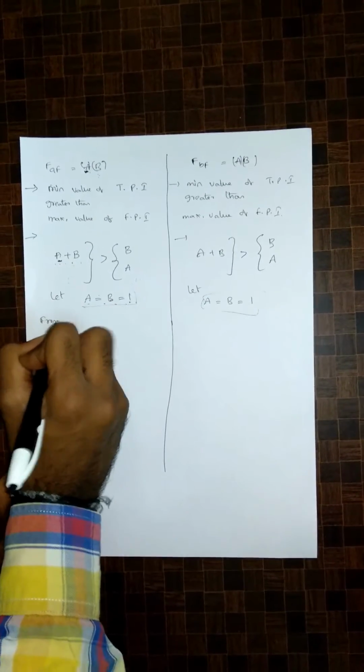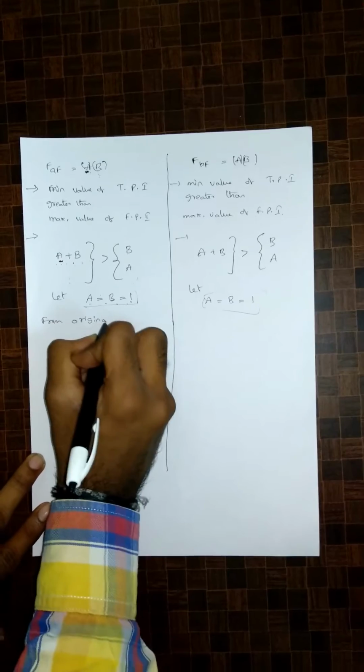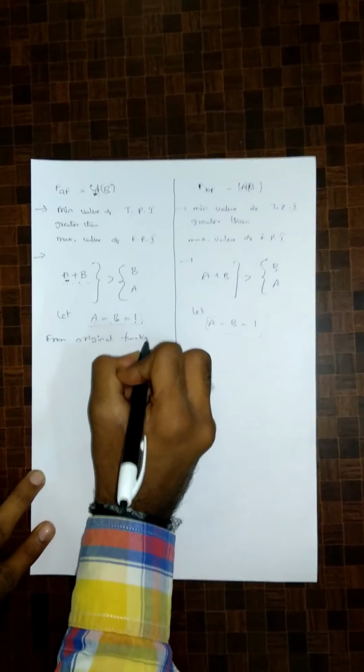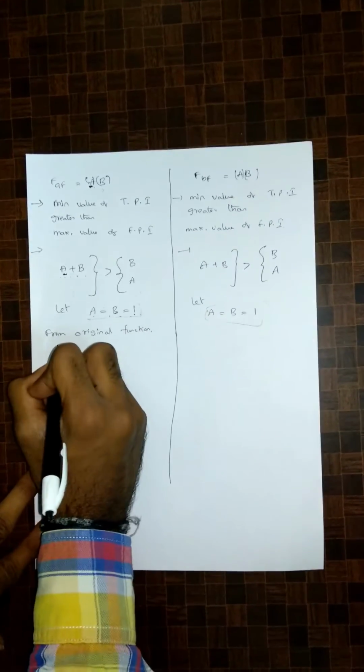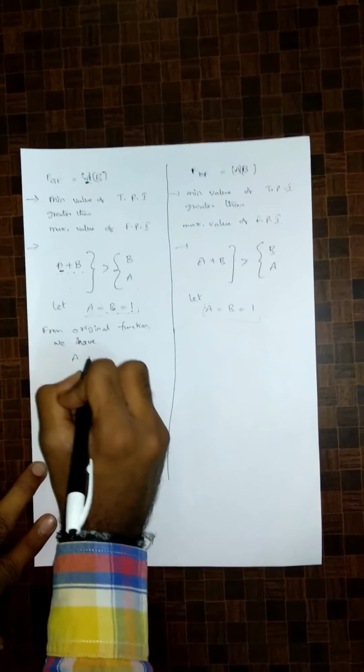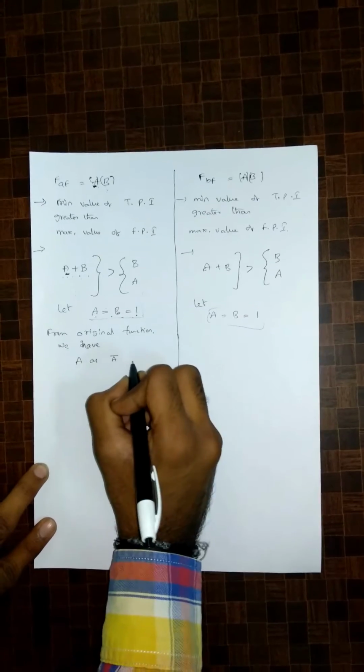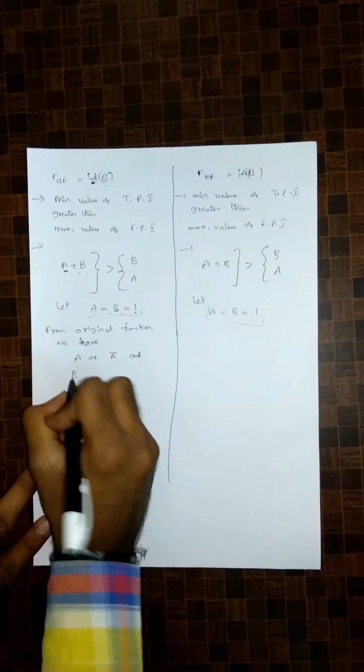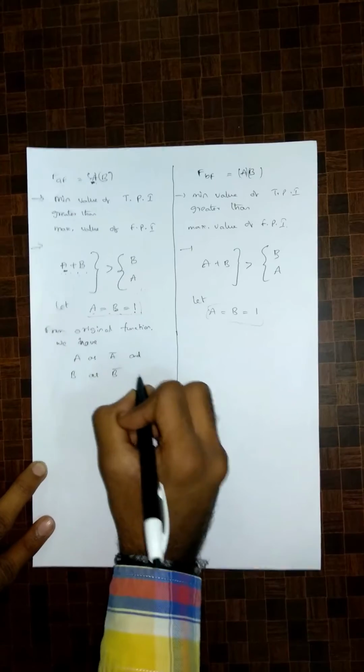Now from the original function, we have A as A bar and B as B bar.